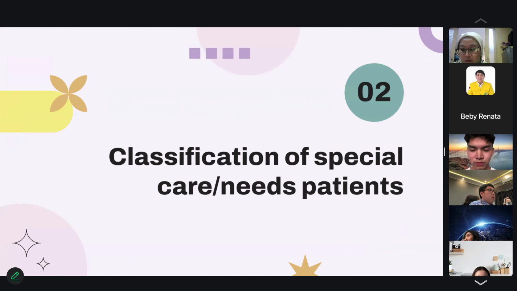So next, this scenario talks only about a boy who seems hyperactive, right? From his condition, we can conclude that he was a special patient because he needs special consideration before the dentist can give treatment to him.